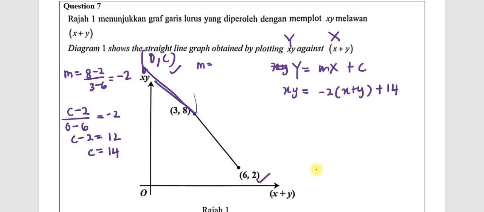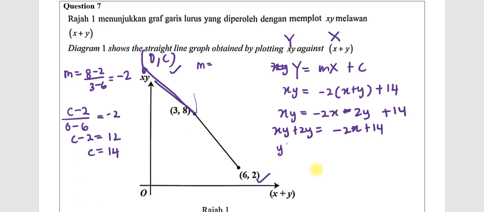Okay, now we need to make y as a subject. So xy is equals to negative 2x minus 2y plus 14. Xy plus 2y equal to negative 2x plus 14. Subject, so factorize your y lah. 2 plus x or x plus 2 equals to, I put 14 minus 2x. Okay, just swap the position.